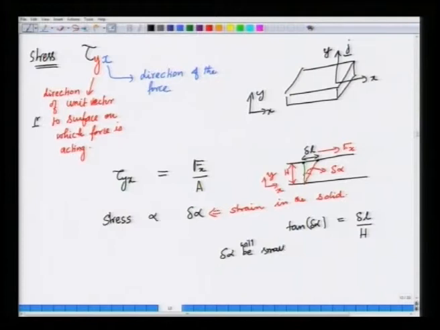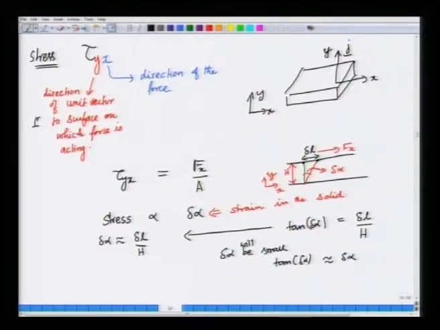When delta alpha is small, tan delta alpha is roughly equal to delta alpha. So, this equation tells you that delta alpha is approximately delta L by H.